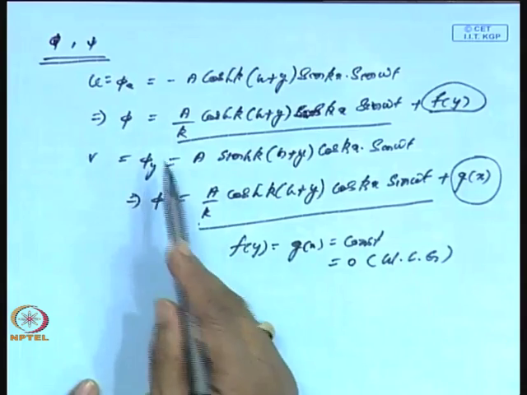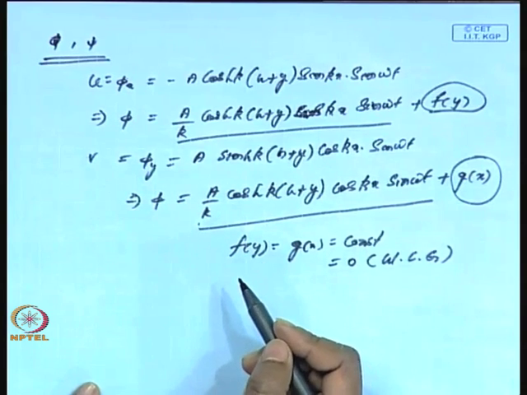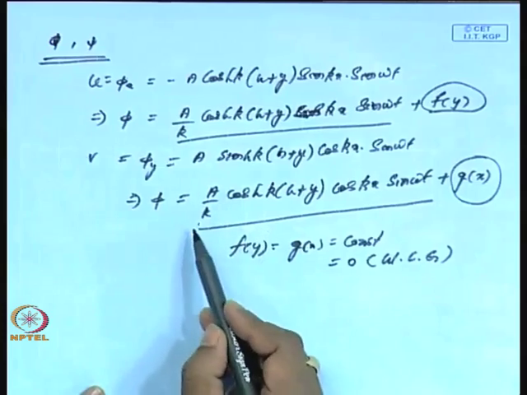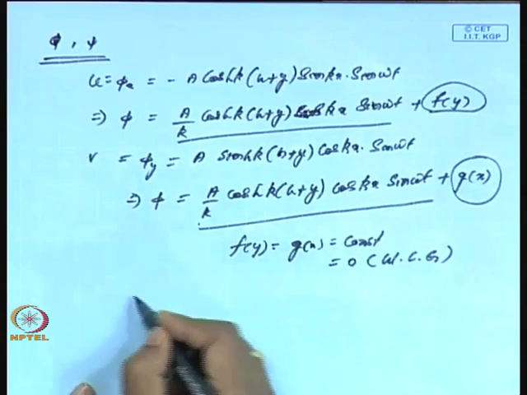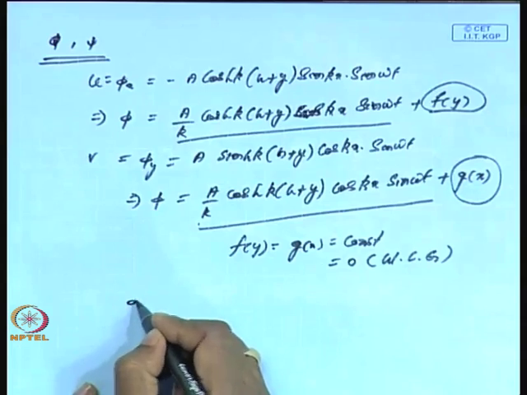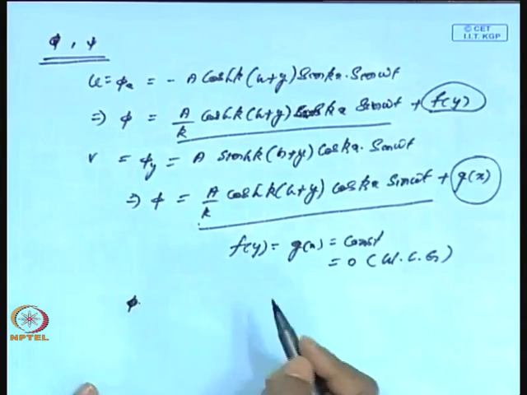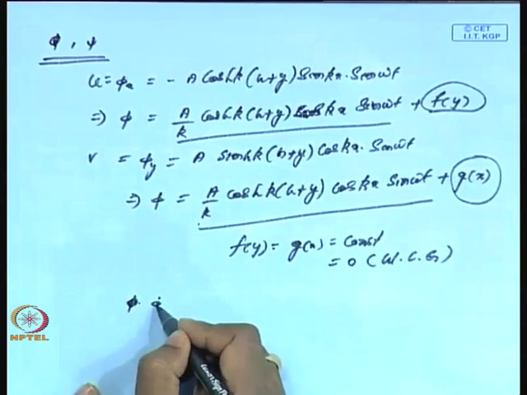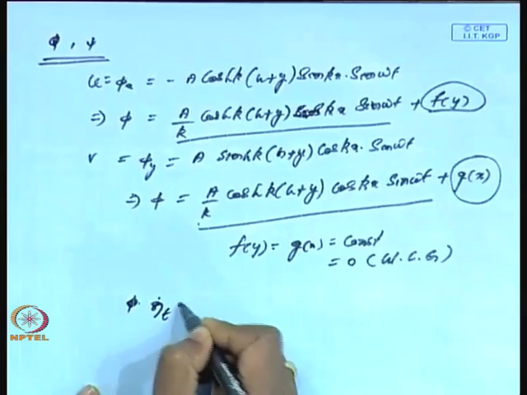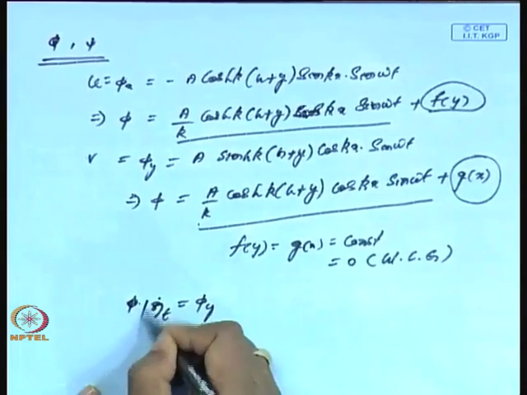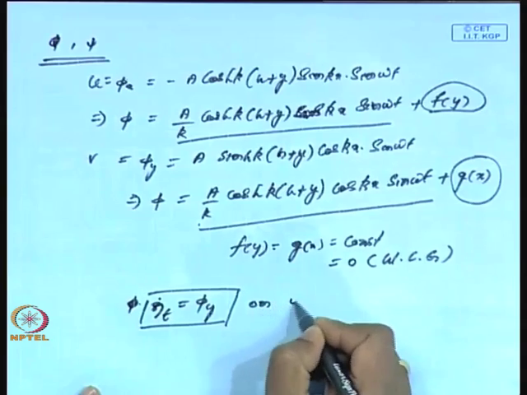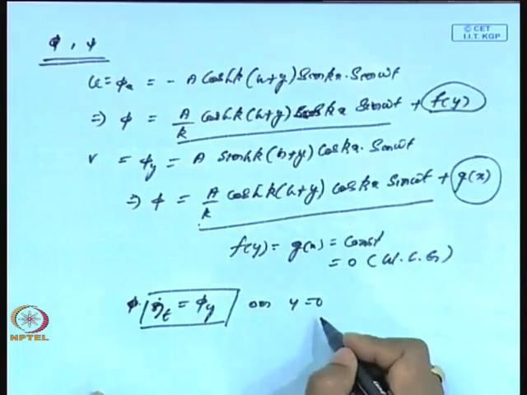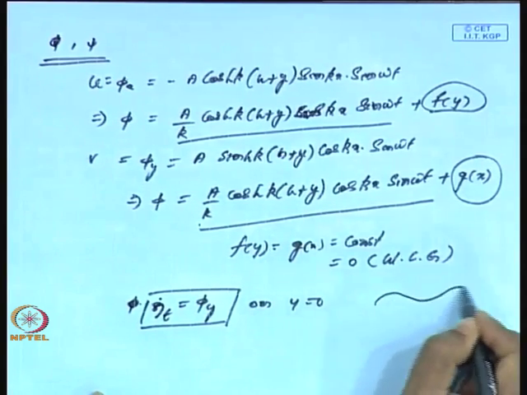So, we have got phi, and this is very important, because in water waves there is a relation: phi t plus eta t is phi y on y equal to 0, where eta is the free surface.